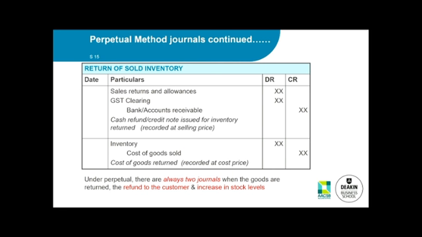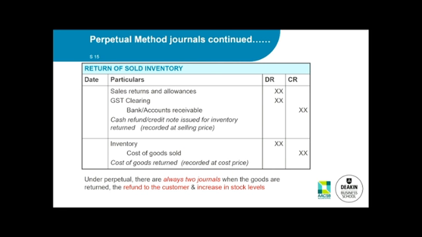Because it's a debit and sales revenue is a credit, they will offset each other and it will reduce our sales revenue, which is what should happen because it's a return. Now, we need to reduce the liability. If they return inventory back to us, we no longer have to give the full amount of the money that we collected to the ATO, right? So we reduce that by debiting GST clearing.